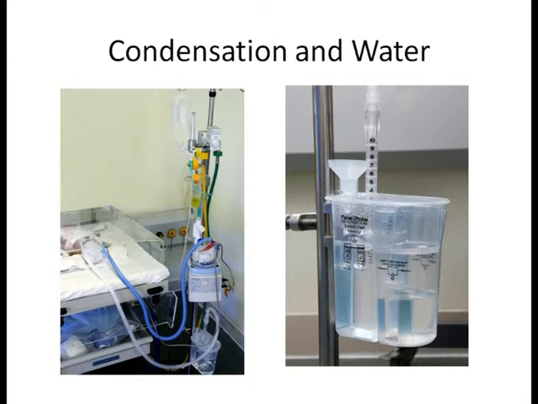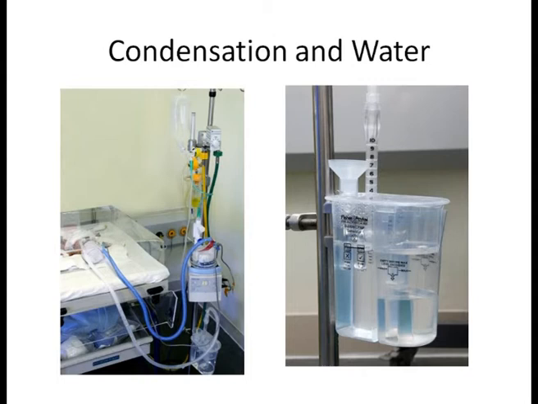Regarding the bubble chamber, if the water is trickling down from the expiratory limb into the bubble chamber, the excess water is going to trickle into the side chamber. However, if there is excessive bubbling, there is going to be evaporation of water from the bubble chamber. When the water evaporates from the bubble chamber, the water level is going to come down.